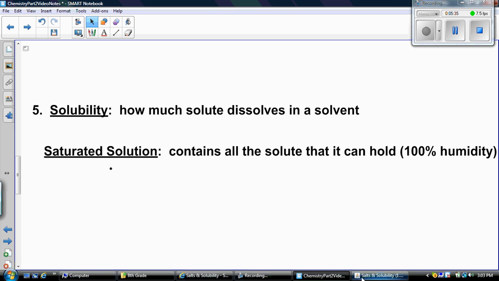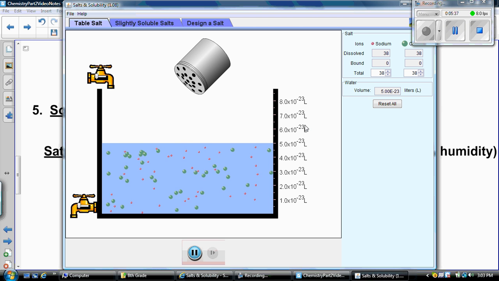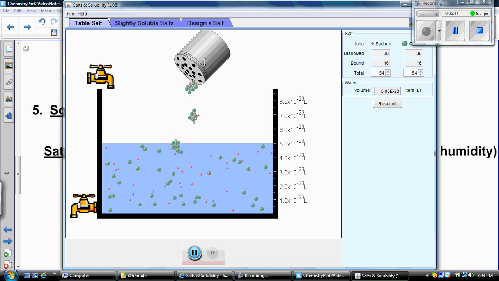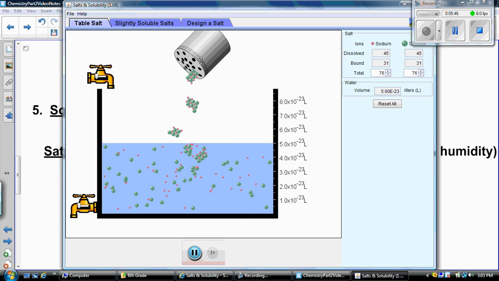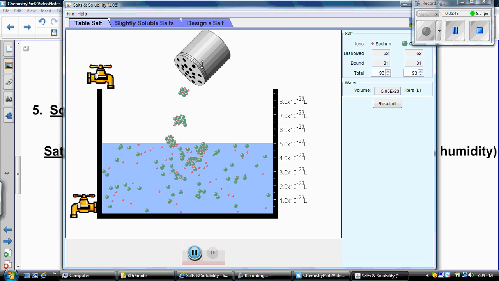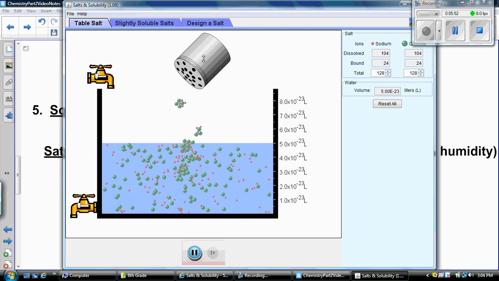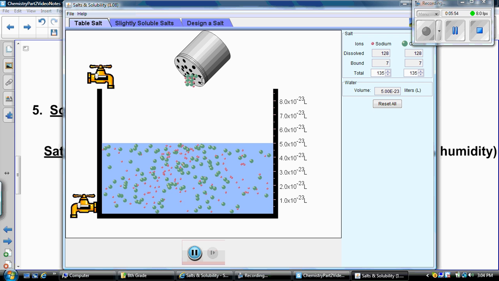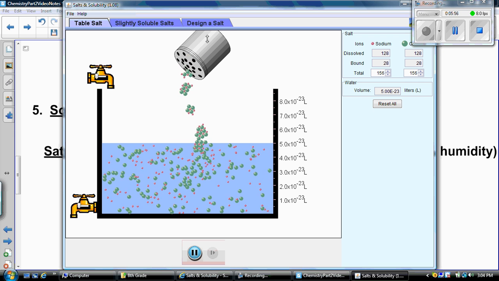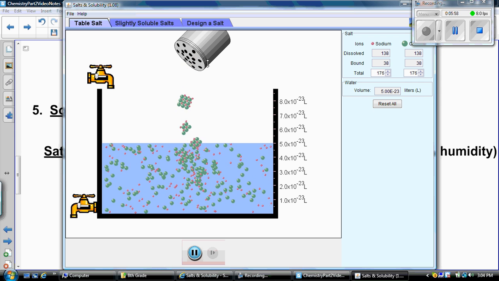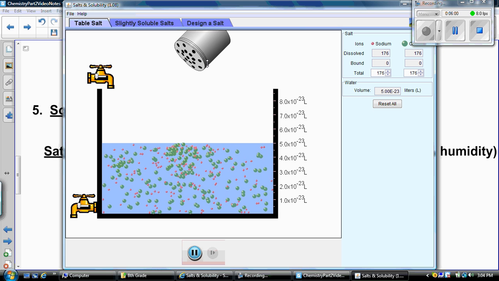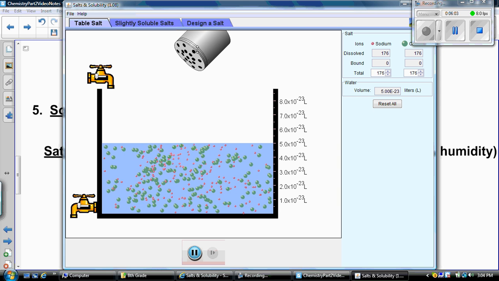So I'm going to show you what that looks like. So if we look here, the solute is the salt, the solvent is the water. If I keep shaking and I keep adding salt, eventually there won't be enough water to dissolve the salt. Okay, so right now, I think I'm going to have to add a ton. The water is able to dissolve all that salt. I'm pretty close.